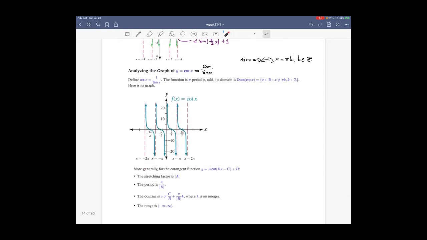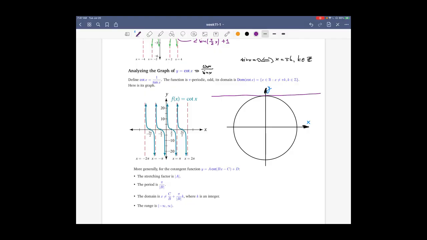Also, it won't hurt to recall the geometric definition of cotangent. If we have the unit circle centered at the origin, cotangent is the following distance.